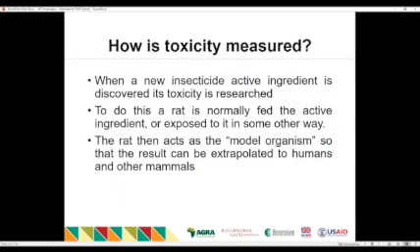Of course, the risk of a pesticide is linked to its toxicity. So if myself as a company decides to develop a new insecticide active ingredient for fall armyworm control, one of the things we have to do is research its toxicity to find out how toxic this material is.